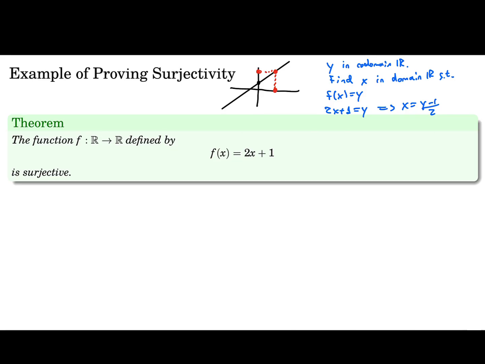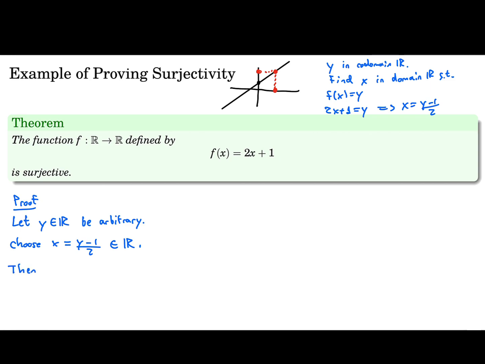Let's write the proof for this then. Proof. Let y belonging to R be arbitrary. So let's say you take any y. We then choose x equal to y minus 1 over 2. And of course, this belongs to R, so this is in the domain.